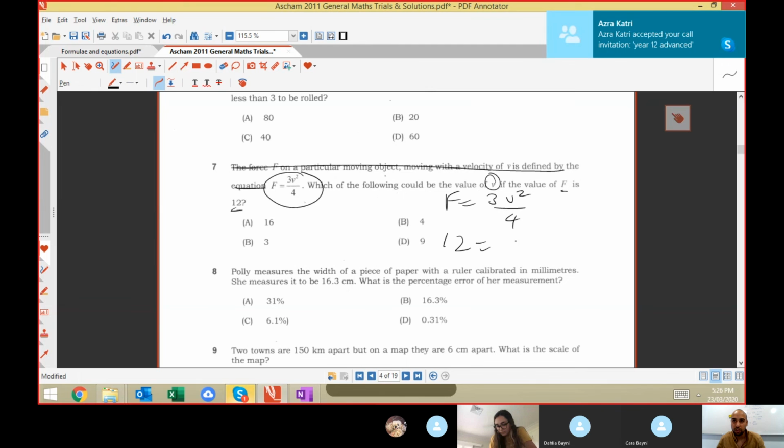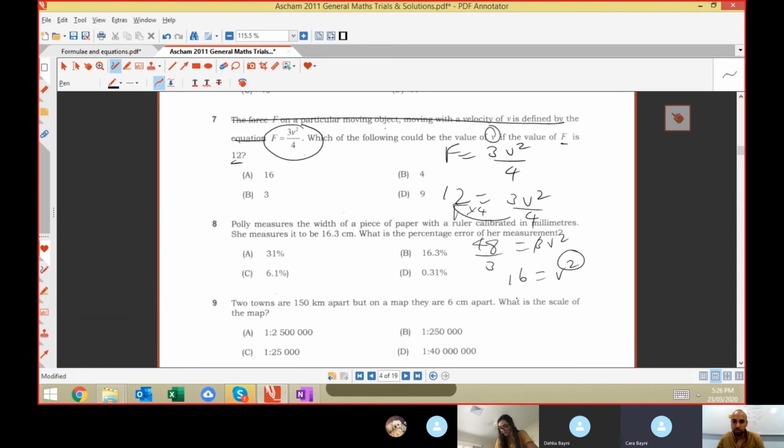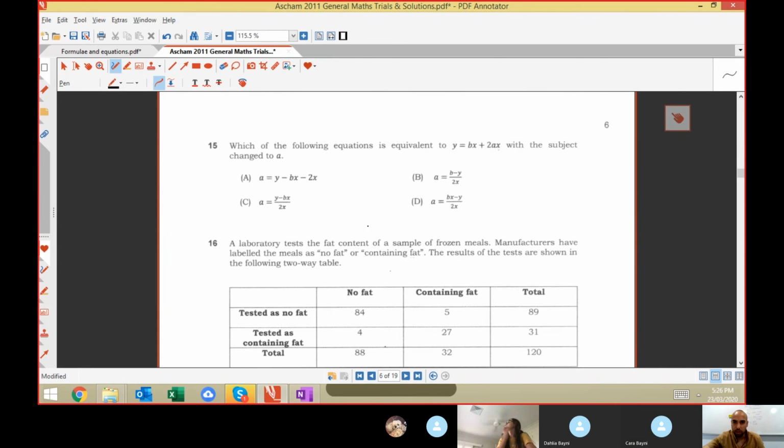So that's going to be 12 equals 3v squared on 4, multiplied by 4, 48, and then divide by 3, 16. And how do we get rid of the square term? Square root of 16. So v equals 4. Easy. Let's do one more and then I think we'll wrap it up.